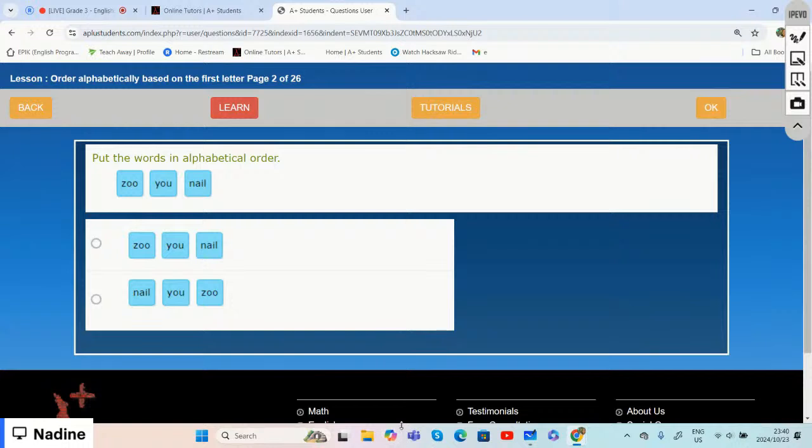So now, if we look at these words, we need to put these words in alphabetical order.